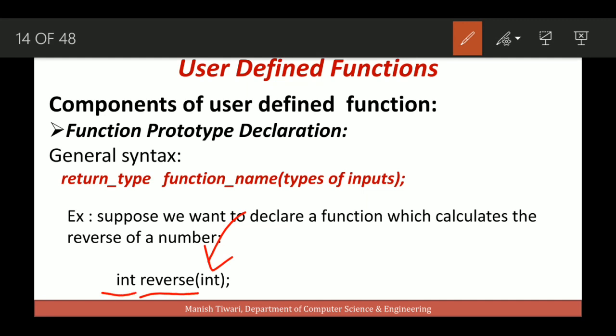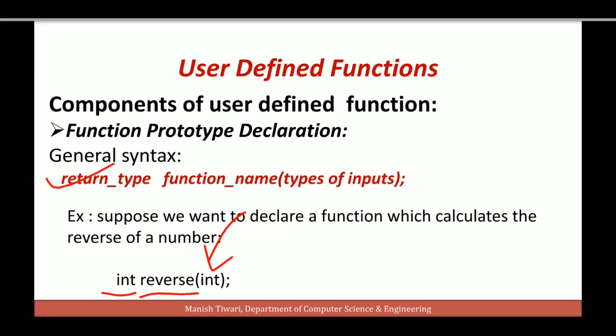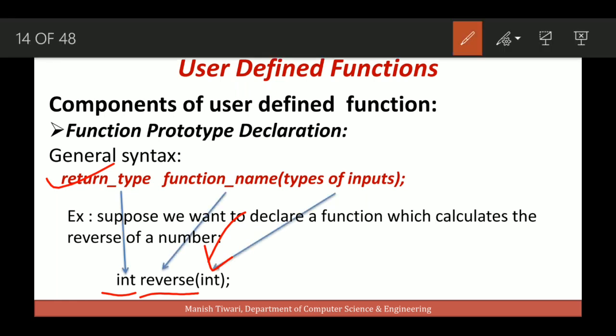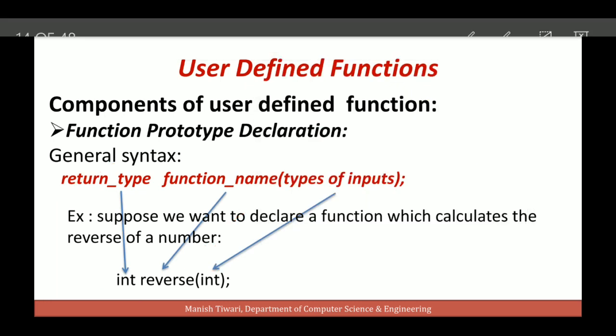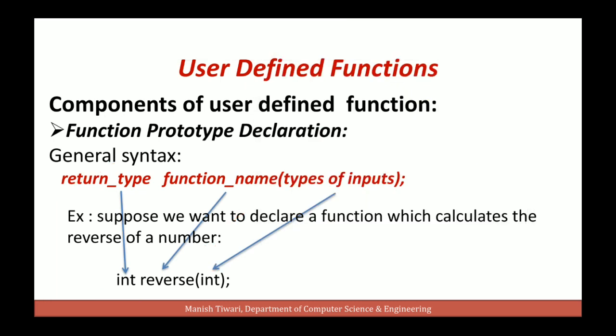This int is the return type of this function, that is the type of output. So this is the return type, this is the name of the function, and this is the type of input. In this way we can declare any function which we are going to use in our program.